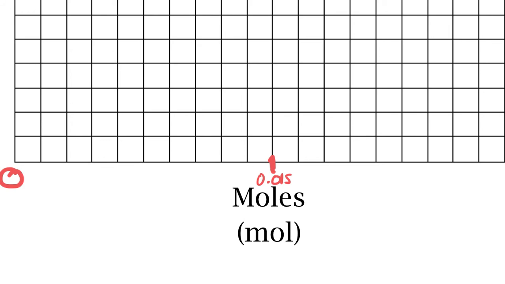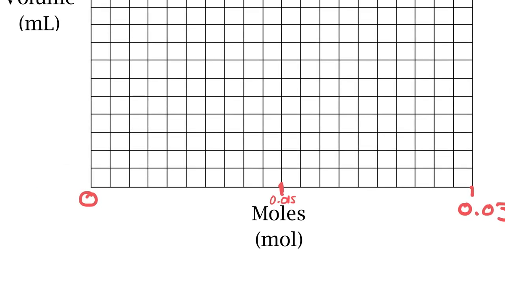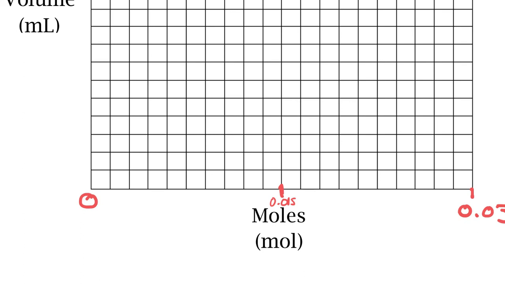Okay? So each one of these little lines is worth how many? Not 0.003, because there's 20 lines between there. So 10 here, 2... 0.002.